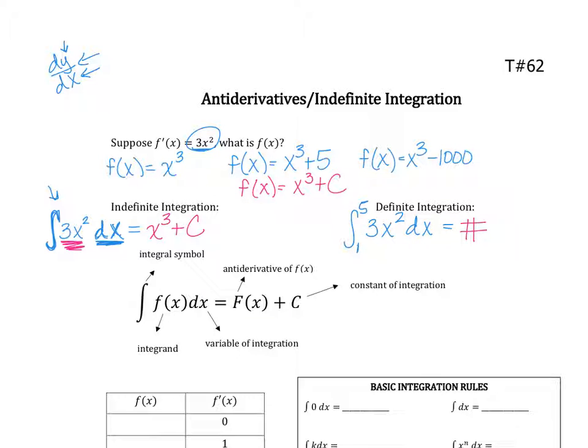When you do indefinite integration, you get a variable, and you have to put that plus c in. This is also called finding the antiderivative. This question could have said, find the antiderivative of 3x squared, or in other words, find the integral of 3x squared. I don't usually say the word antiderivative, but I have seen it typed on questions, so I want to make sure that you understand that.